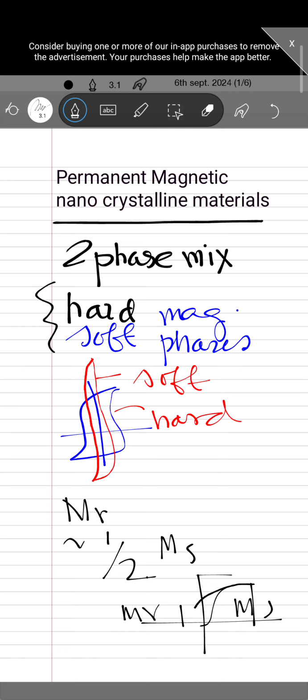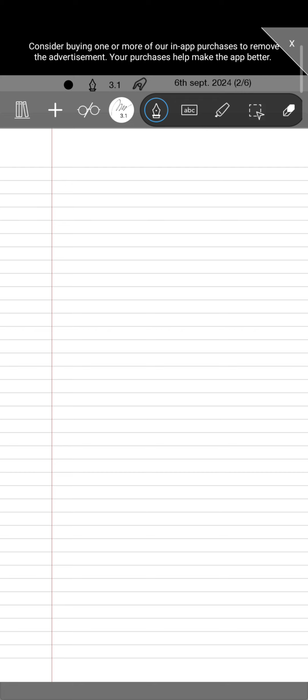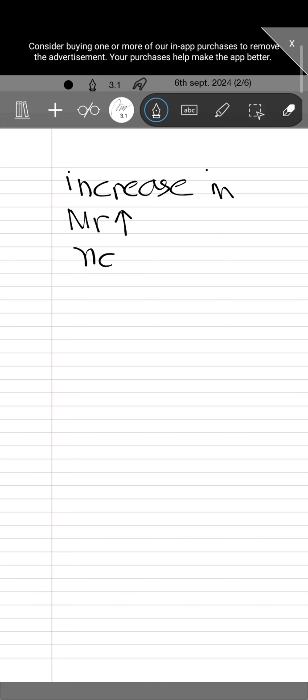So we can say that there has been an increase in MR due to the addition of the hard and soft phase. Now this MR can also increase when we are dealing with the nanocrystalline form of this.